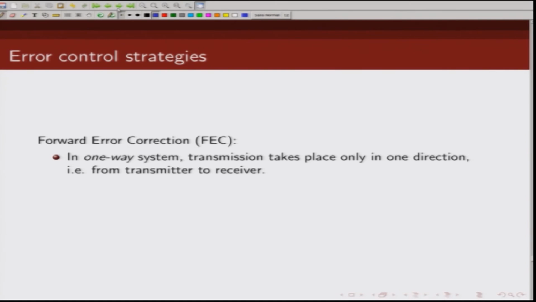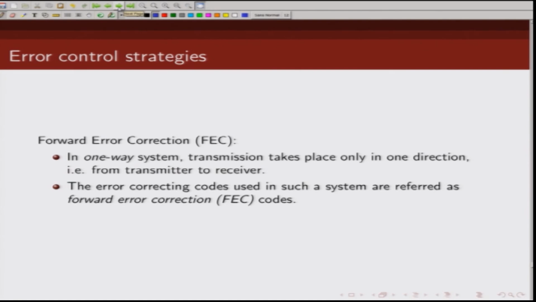In those systems, the error correcting codes that are used are known as FEC. So, when you hear this term FEC code, it basically means error correcting code used when we are using transmission one way from transmitter to receiver.